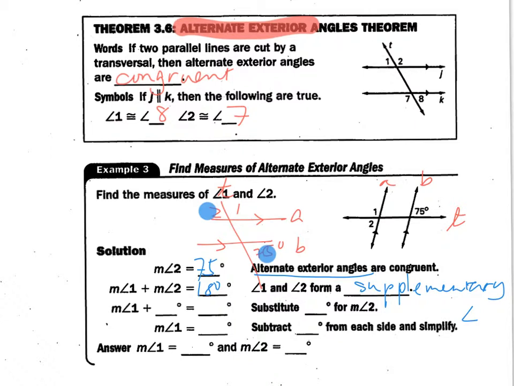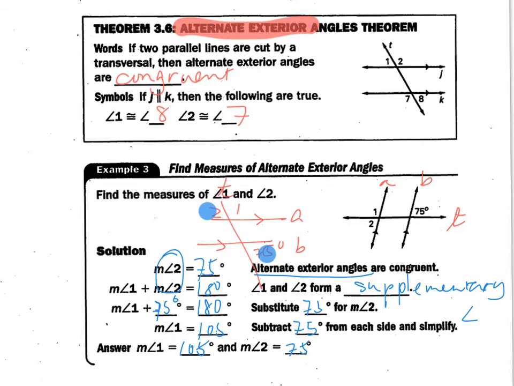Now, if I substitute the measure of angle 2 with 75 degrees and keep the 180, that's what I did there. I should have my angle 1 be 105 degrees because I'm subtracting 75 degrees from both sides of that equation. My final answer is angle 1 is 105, angle 2 is 75.